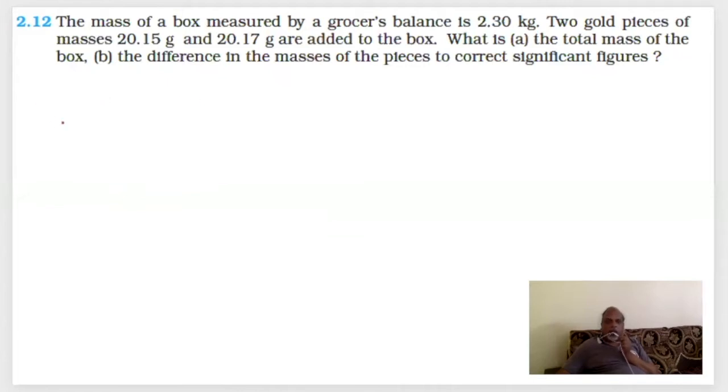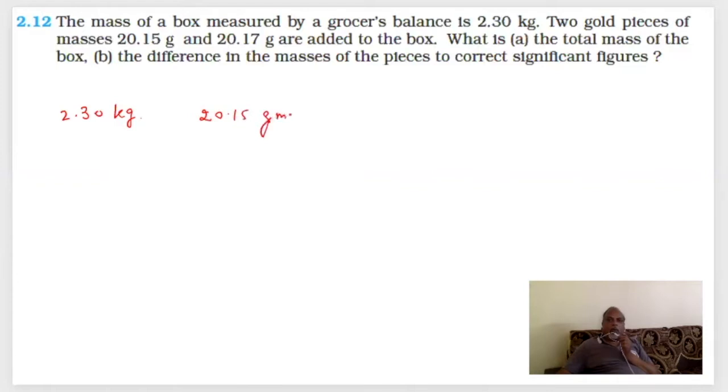So here again in this question also the same thing is there. Mass of the box is 2.30 kg, and gold pieces' masses are 20.15 gram and 20.17 gram.